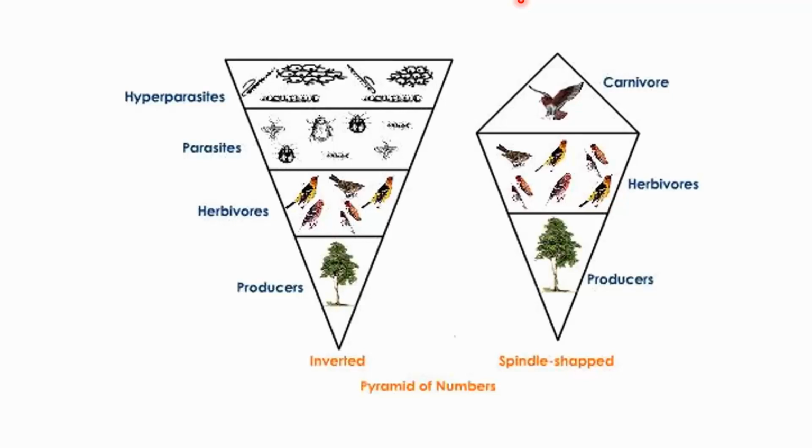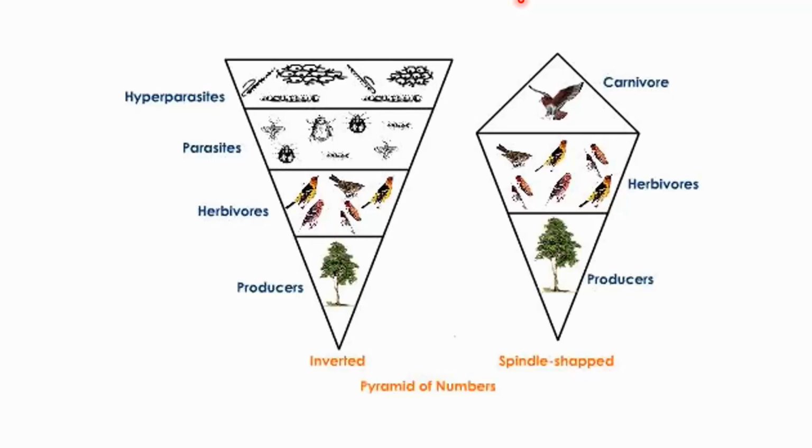But there is another type of pyramid of number that is present, for example, spindle-shaped pyramids. In spindle-shaped pyramids, firstly the base of the pyramid is narrow, then it becomes broad, and then again at the apex it becomes narrower. For example, there is a single tree, and on that single tree, let's say 7 to 8 birds are residing, and then there is a carnivore which feeds on these birds.